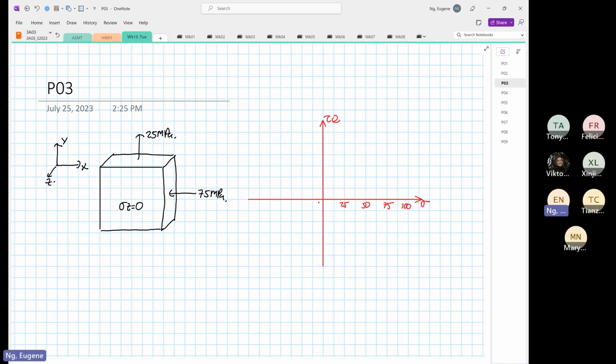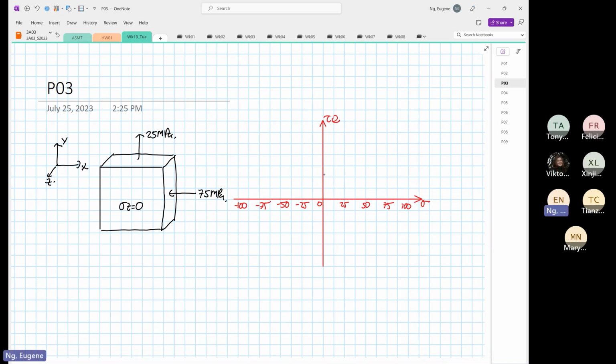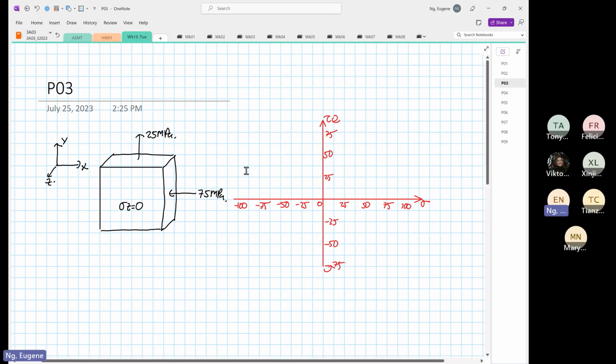Normal stress 0, 25, 50, 75, minus 100 over here. And then 25, 50, 75, minus 25, minus 50, minus 75. Okay, so one of the stresses is negative. So let me draw the box first.